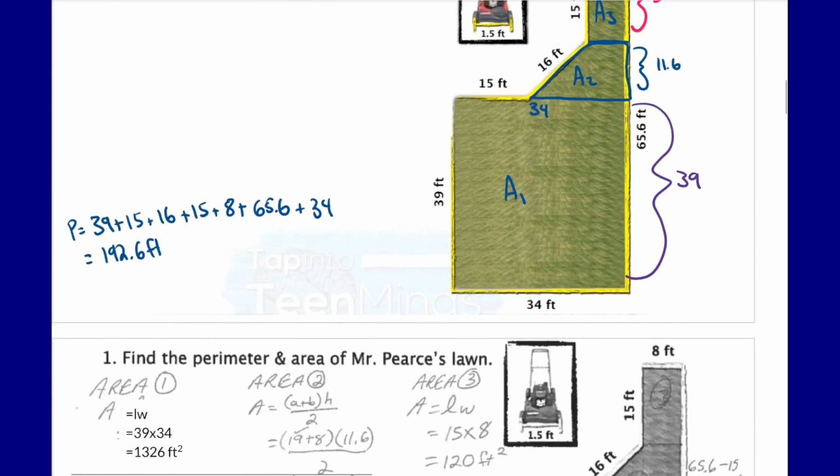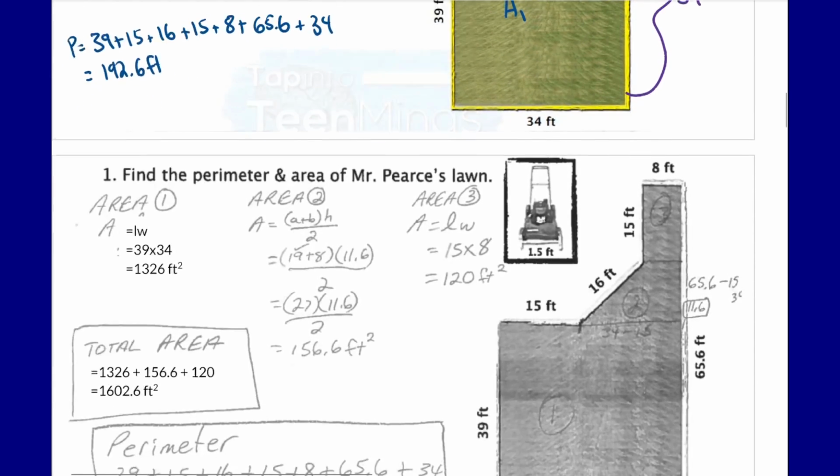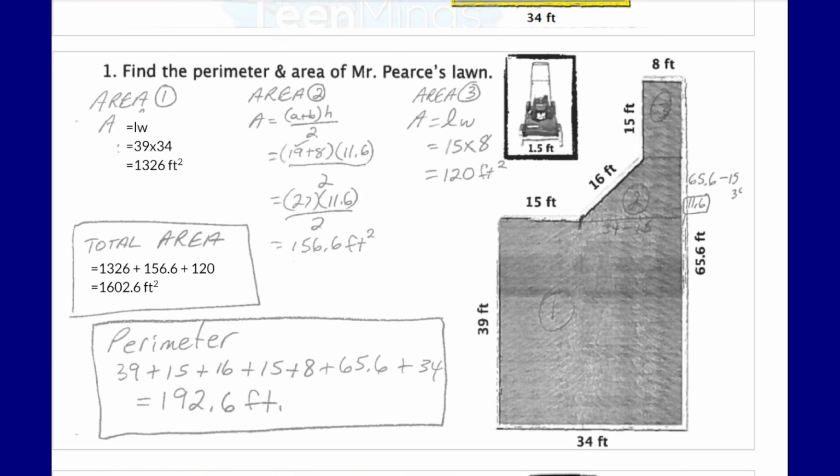So by going through and doing that, we can see that here we've broken up our shapes. We have our different measurements. We have our area of the first one. Here we have our area of the second one. And we have the area of our third one here.